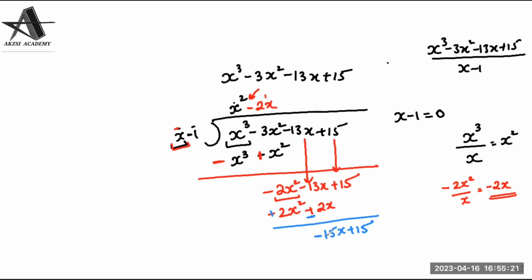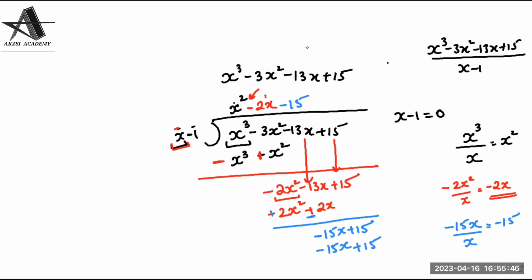Now again repeating the same process: first term of the dividend, minus 15x, over the first term of the divisor, x. The answer is negative 15. You write negative 15 up there. Multiply negative 15 with every term of the divisor. Negative 15 times x is negative 15x. Negative 15 times negative 1 is plus 15.